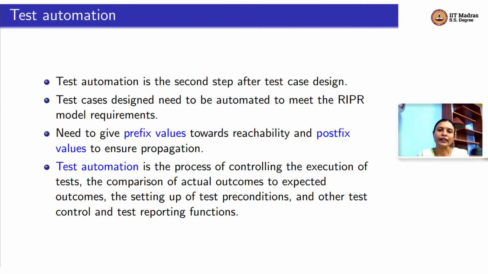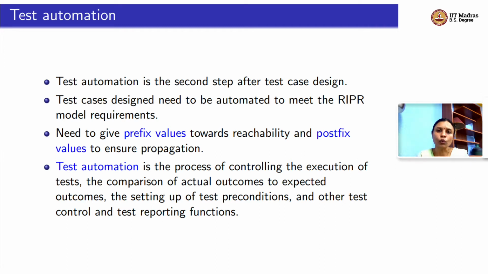After we've designed test cases and we are ready to execute them, you need support with automating the execution. That process is called test automation. Remember, a test case needs to go to a particular place if you're going to test a particular fragment of code, and whatever that fragment of code outputs needs to propagate to the output. This is what we learnt as RIPR criteria in one of the earlier lectures.